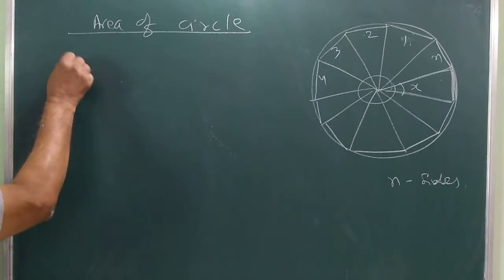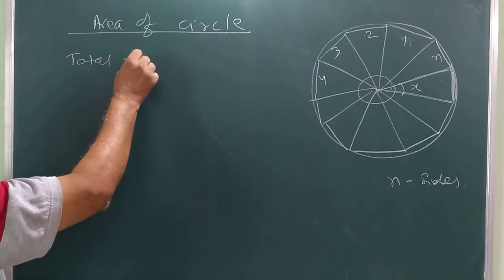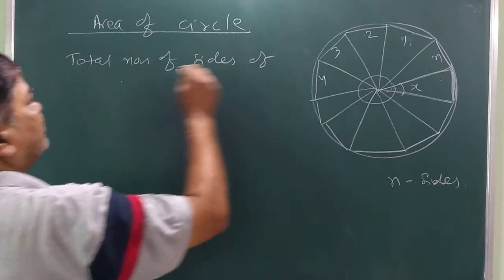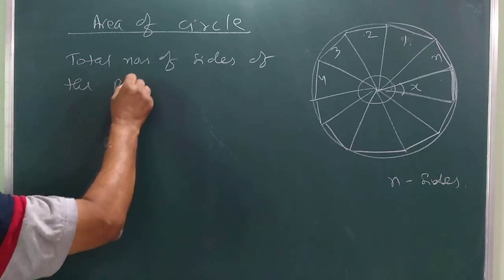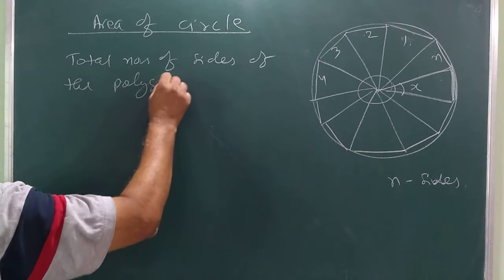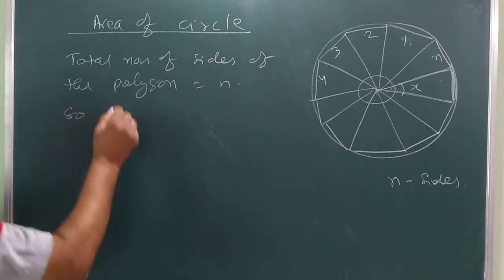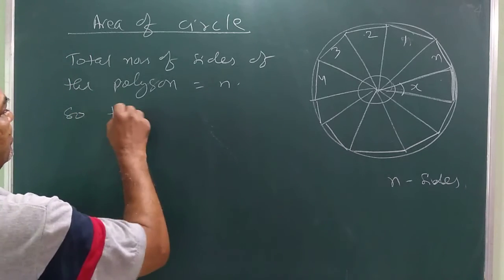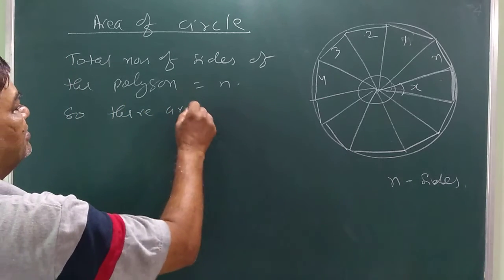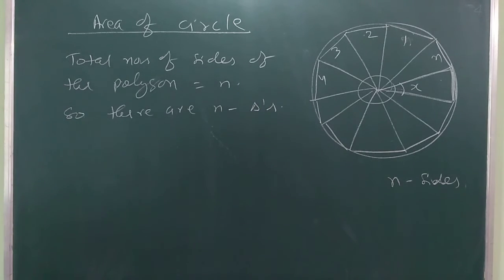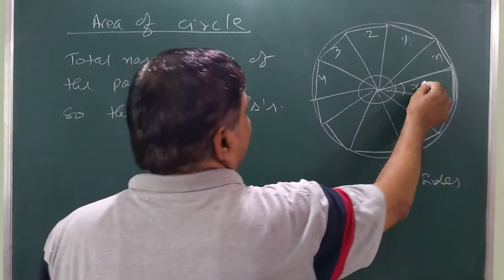So total number of sides of the polygon is n. So there are n triangles. So what is the value of this x?